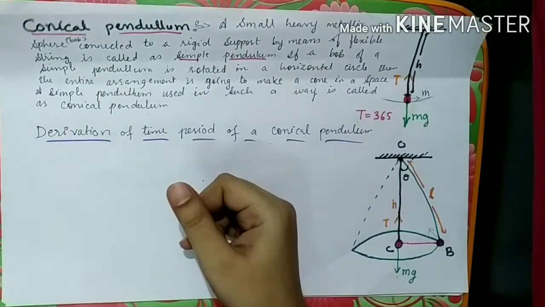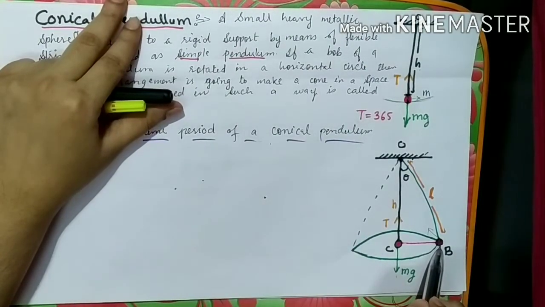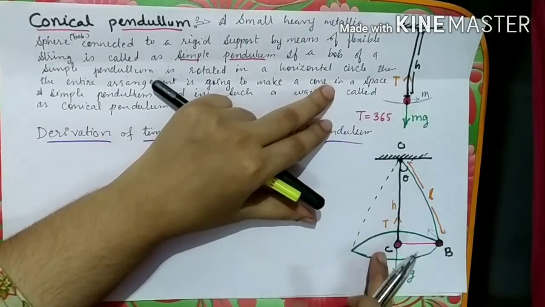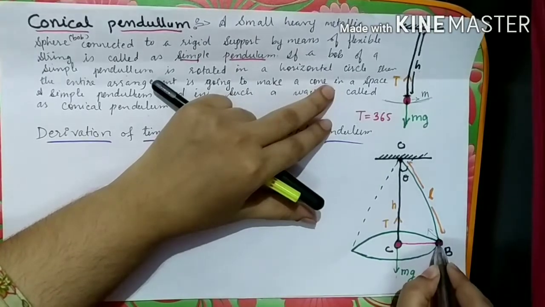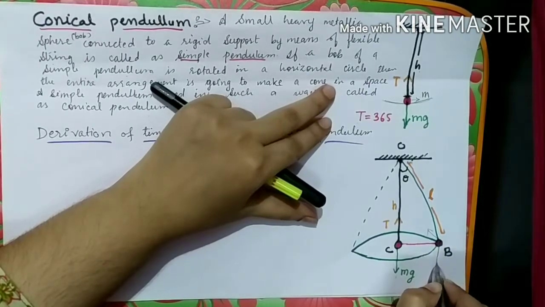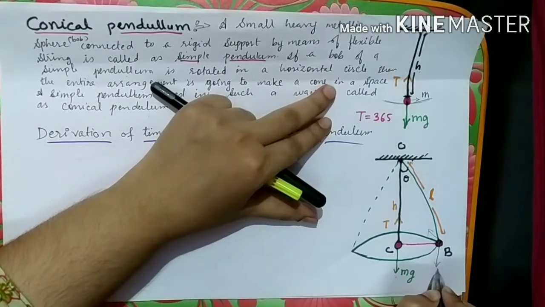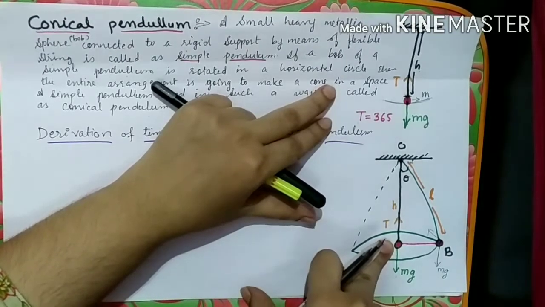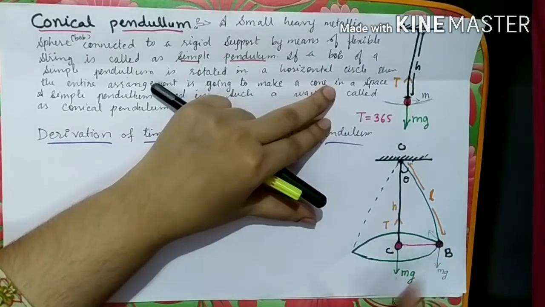First and foremost thing, mark out the forces acting on the bob in a displaced position. So again let us find out. Obviously there will be two forces, tension T and mg, but here mg, what is the direction of mg? It is directed in a vertically downward direction. mg has the same direction in both the cases, in a state of rest as well as in a state of displacement.